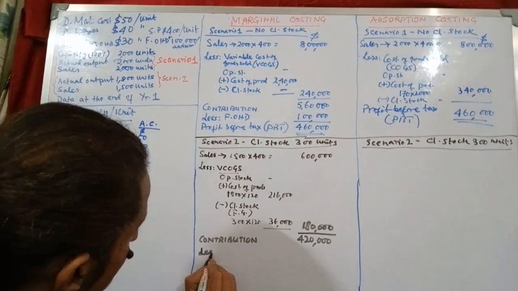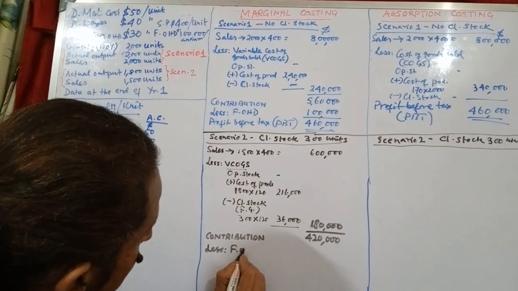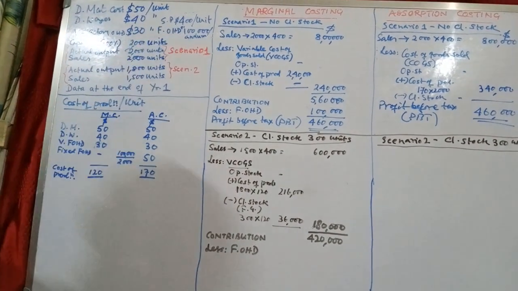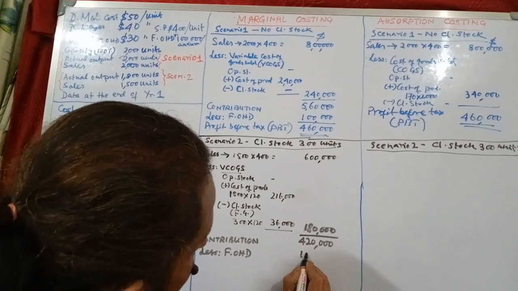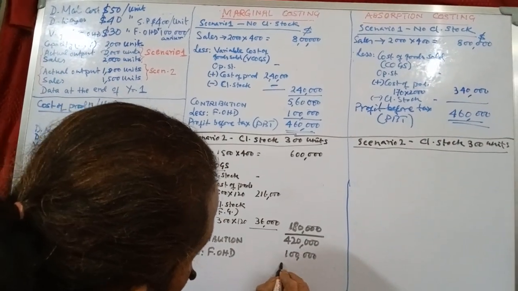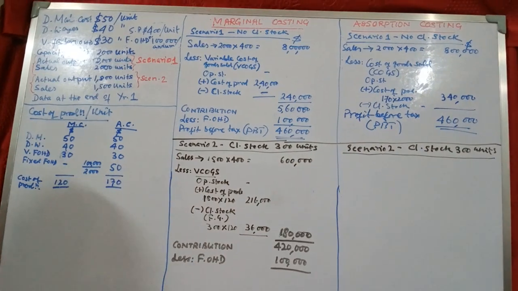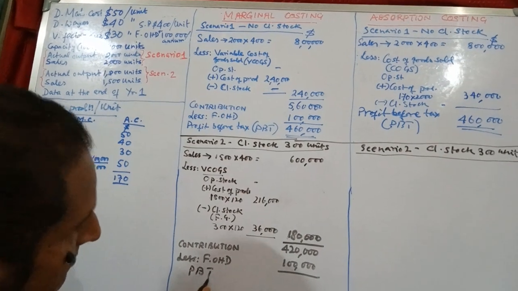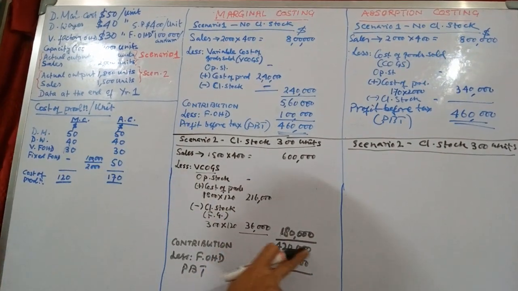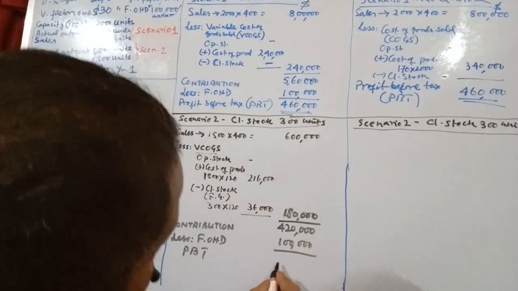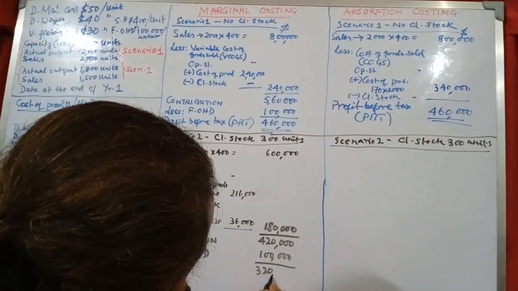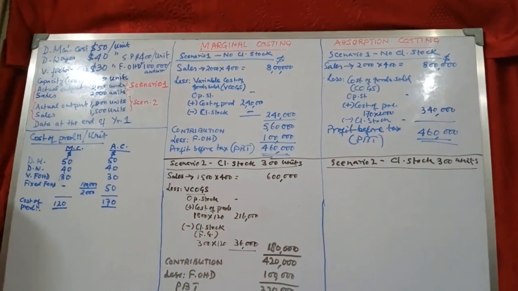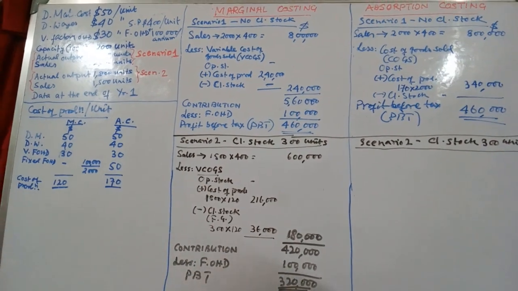So less fixed overhead, how much? 1 lakh per annum. So minus 100,000. Now we get what? Now we get profit before tax, that is PBT. 420,000 minus 100,000, it comes to 320,000. Okay.